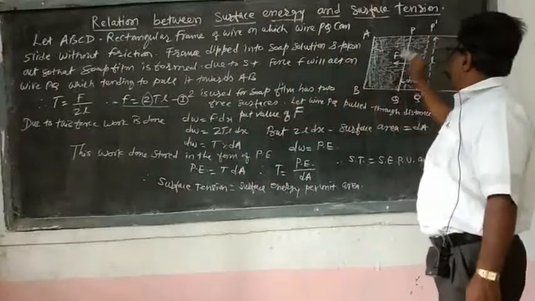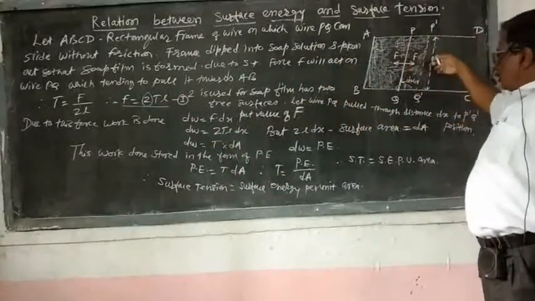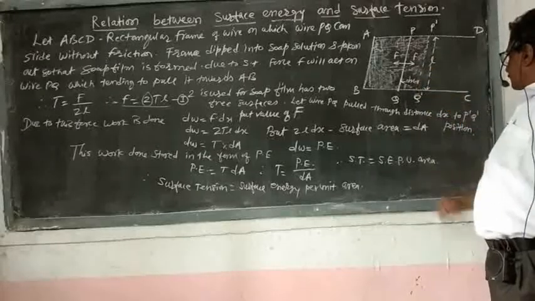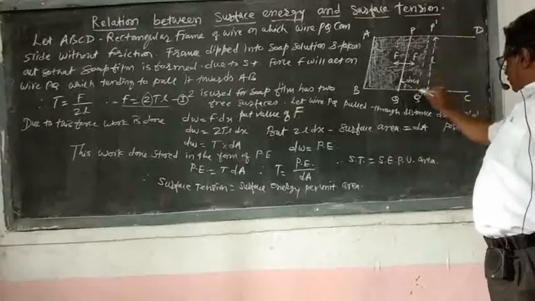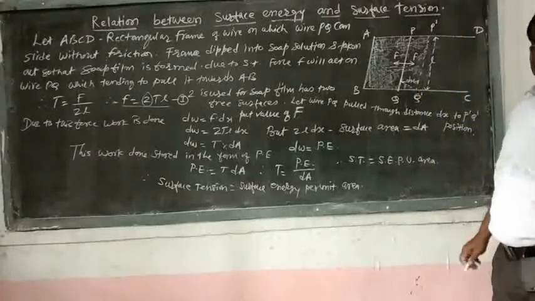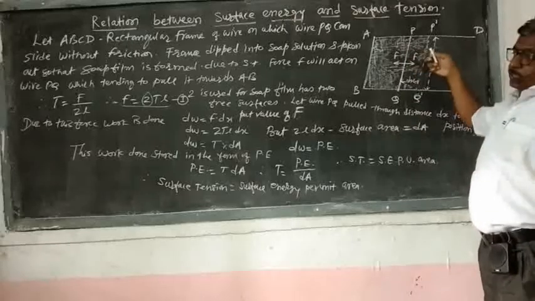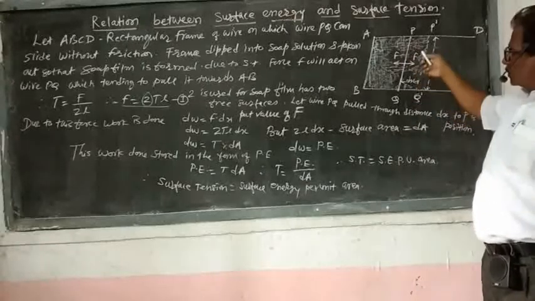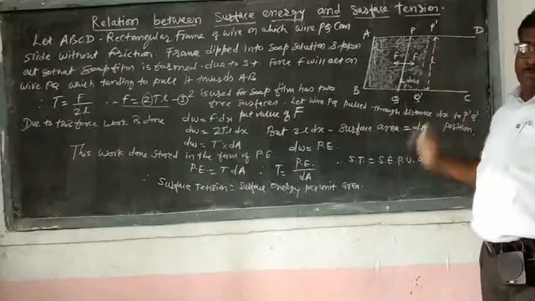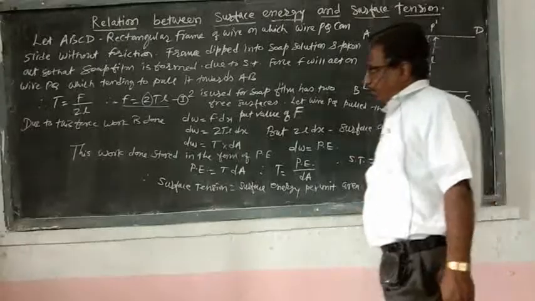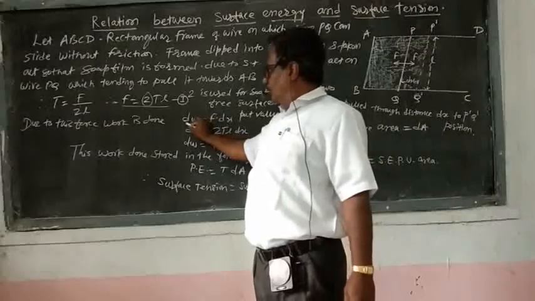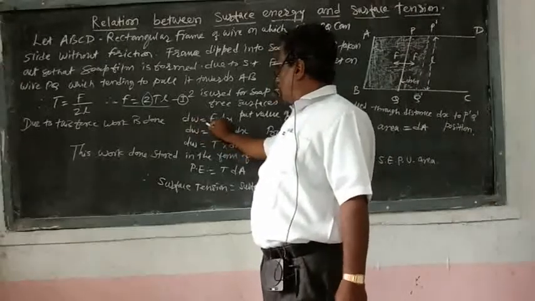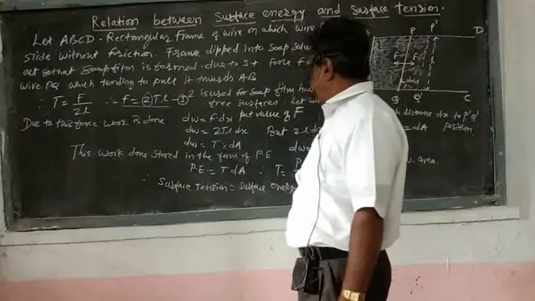Let wire PQ be pulled through distance dx to the P'Q' position. Due to pulling this force, work has to be done. This work done is given by dW equals force into displacement.